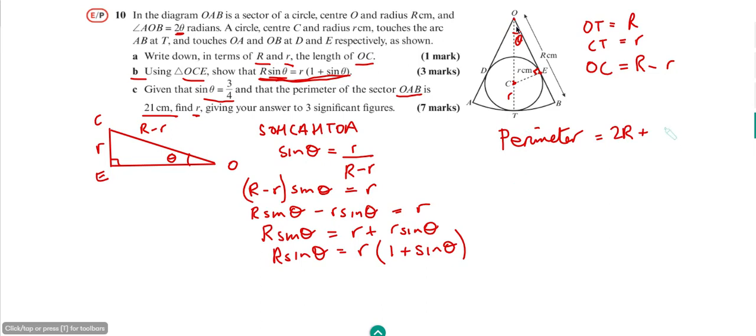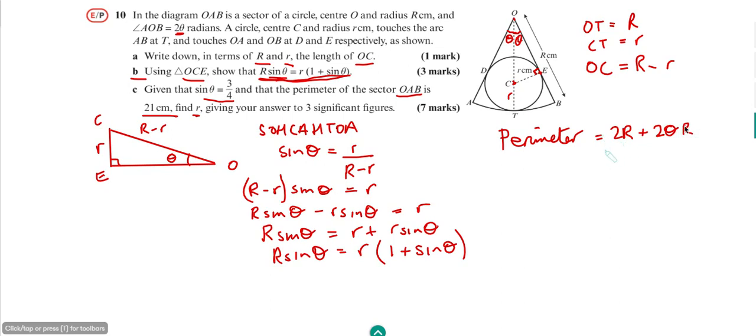So the formula is theta R, and we know though that the actual angle here is 2 theta. So it's 2 theta and then times by the radius again.